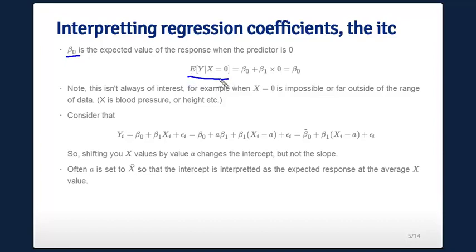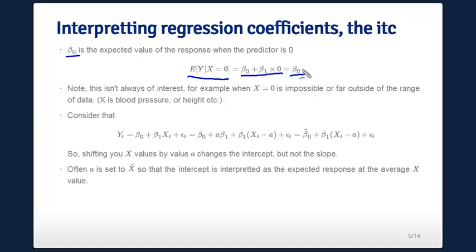I would write that as the expected y given x equals 0. Our expected y given any value of x is beta naught plus beta 1x, so if we plug in x equals 0, we get beta naught. So the interpretation of beta naught is the expected response when the regressor is 0. But this isn't always of interest.